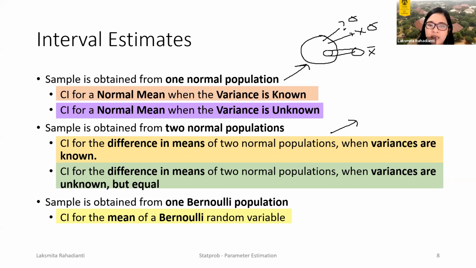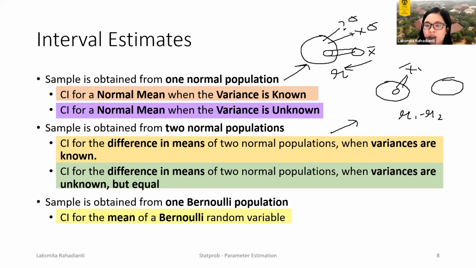The second case is if I have two populations, and from here I can estimate mu. From these two populations, I want to estimate the difference of the means, so mu1 minus mu2. I can compute it by taking a sample from each, getting the first sample mean and the second sample mean.